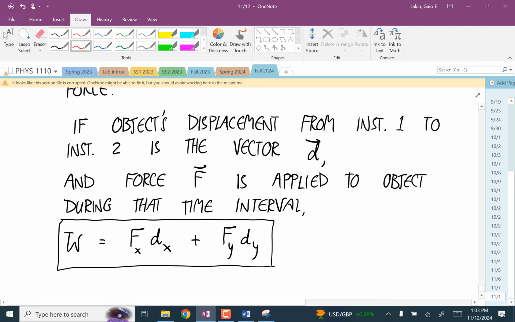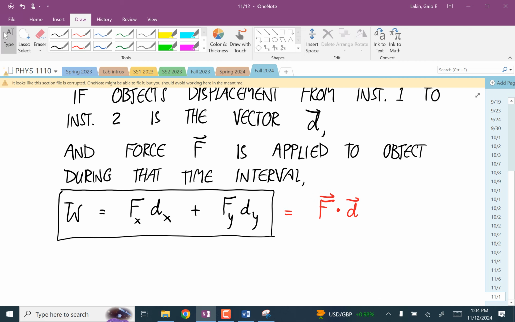And this, by the way, is a calculation called the dot product, and it's written as F dot D. So that's a vector calculation, but this is how you do a dot product. Okay, so let's do a quick calculation.